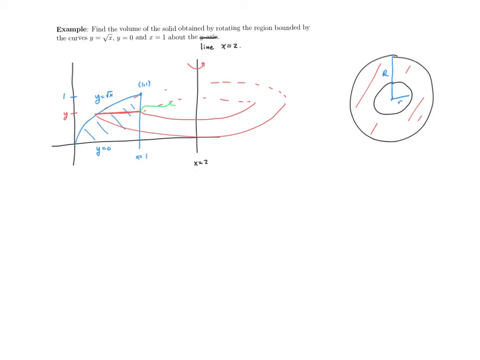Little r is the distance that the closer curve is to the line we're rotating about, and big R is the distance that the farther curve is to the line we are rotating about. So remember we're thinking in terms of functions of y. I would like you to pause the video and take a moment to write down a formula for little r and a formula for big R.